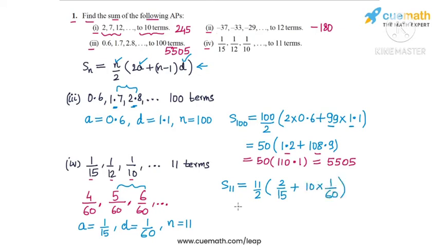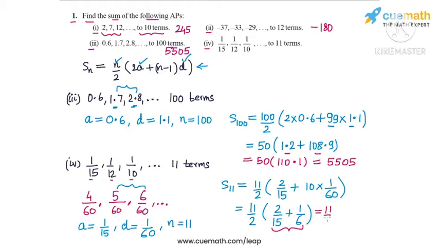So this is what we get. So we have 11 by 2 into 2 by 15 plus 1 by 6. So now 2 by 15 plus 1 by 6, we can take the LCM of 15 and 6 and add these 2 fractions. So this will be equal to 9 by 30.